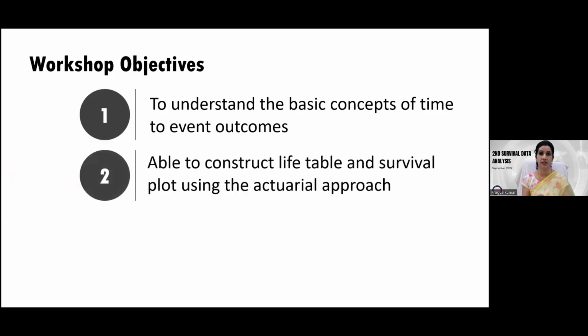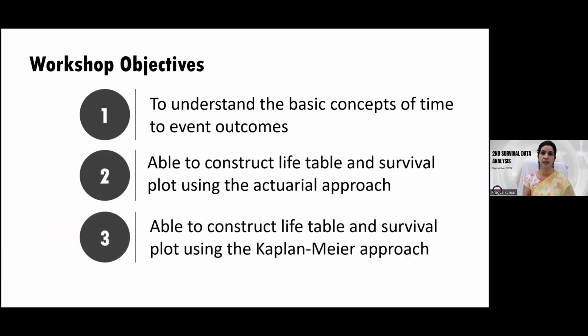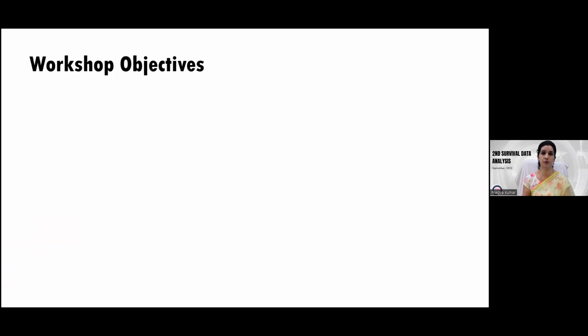Then the second is you should be able to construct a life table and survival plot using the actuarial approach, that is the life table approach. Then you will come to know how to construct a life table and survival plot using a Kaplan-Meier approach, and how this Kaplan-Meier approach is different from the life table approach.